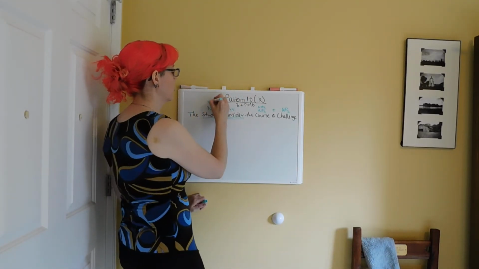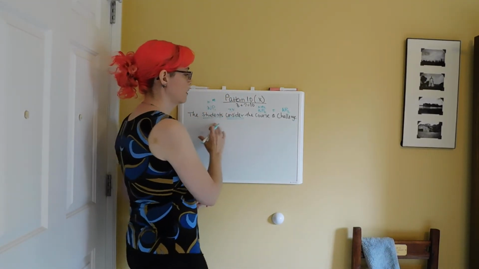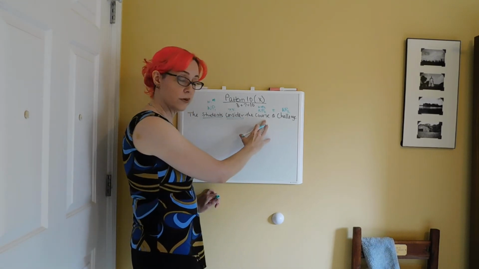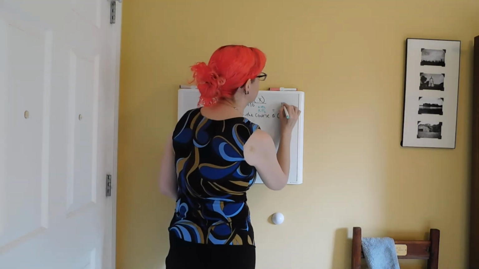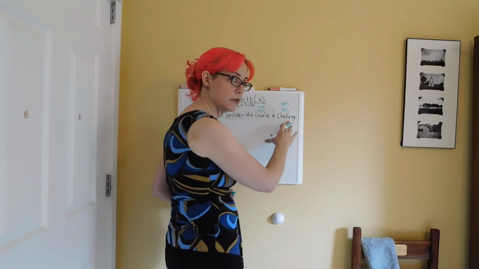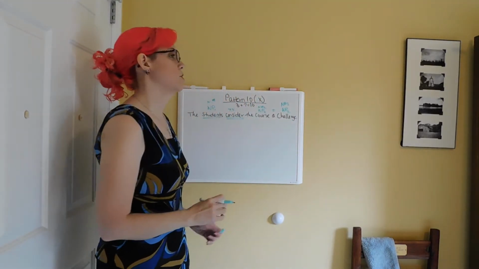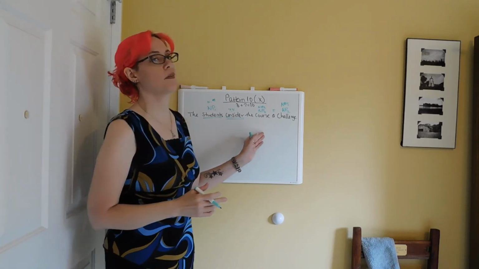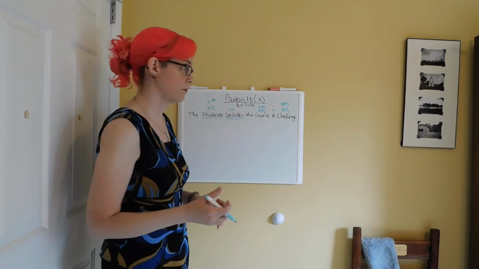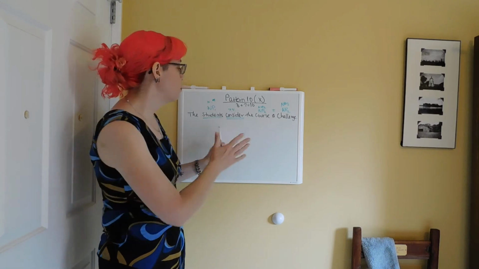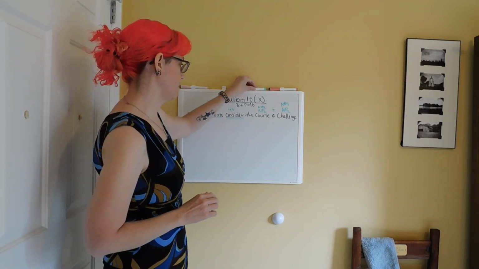So you have noun number 1, the students, noun number 2, the course, and noun number 3, challenge. It is a challenge. So if I actually said the sentence, it is a challenge, that would be pattern 3. But this sentence is a little more specific than that.